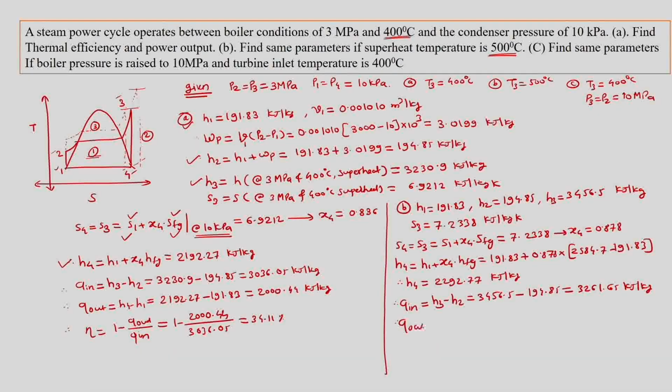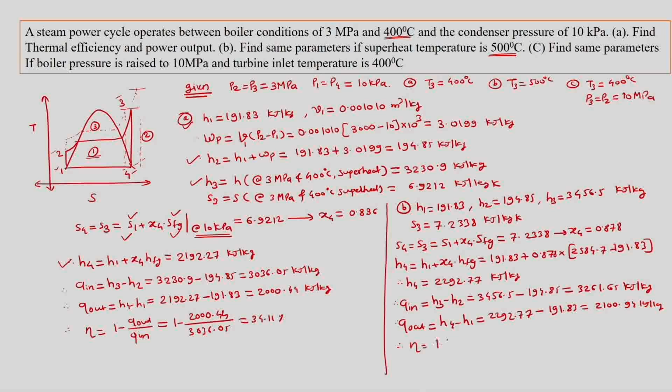Q out is equal to H4 minus H1, so 2292.77 minus 191.83, and this gives us Q out as 2100.94 kilojoule per kg.